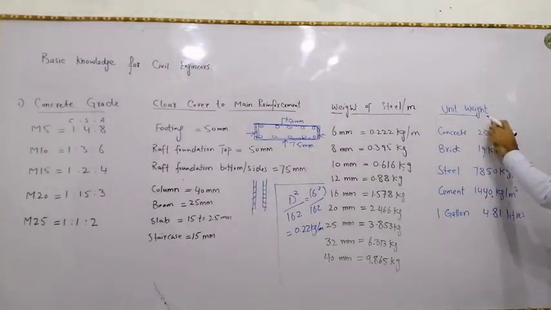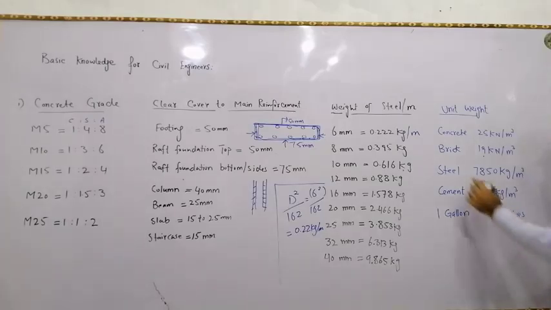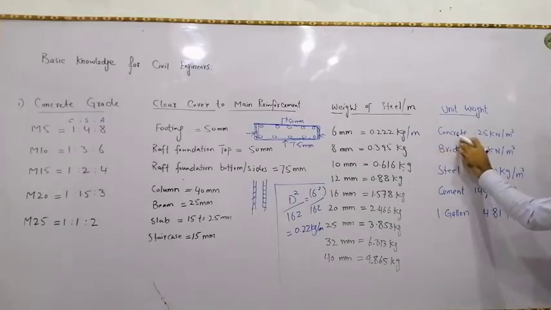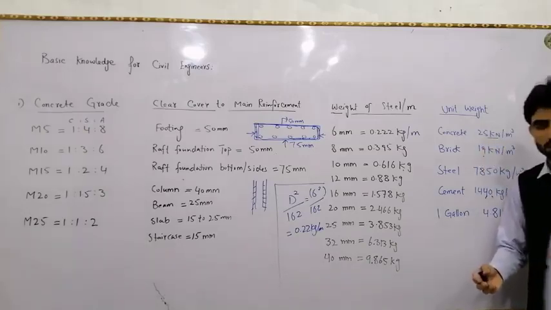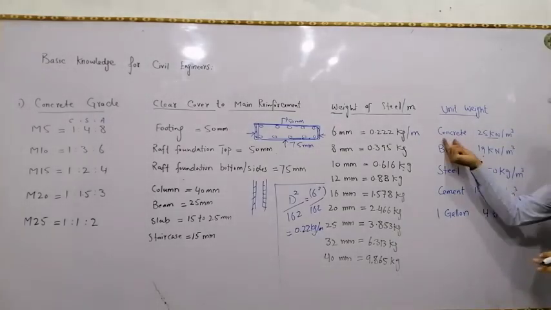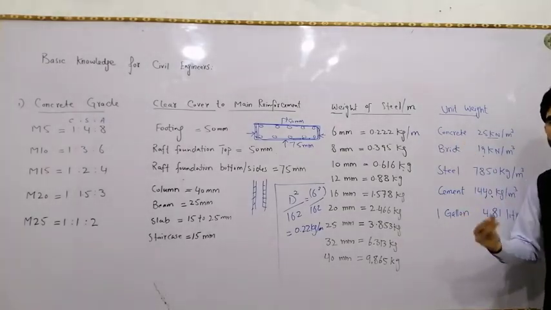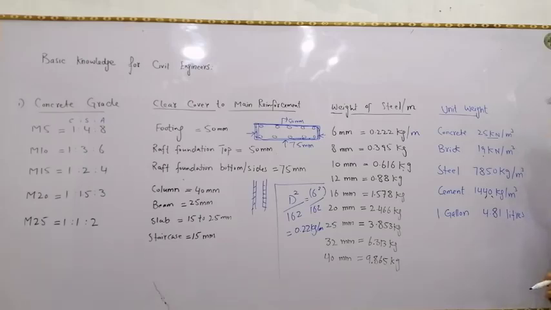Now unit weight for different materials which we use in construction work. The first one is concrete. The concrete unit weight is 25 kilonewton per meter cube. If you want to calculate the load of a structure, concrete is the main material in construction work, so remember its unit weight is 25 kilonewton per meter cube.